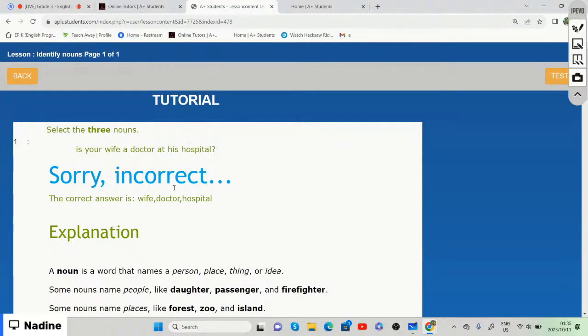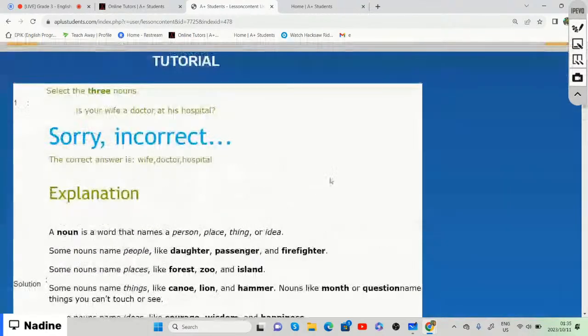Is your wife a doctor at his hospital? We need to select three of the nouns.